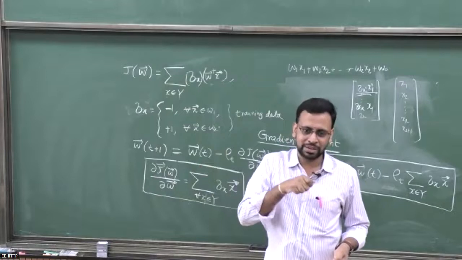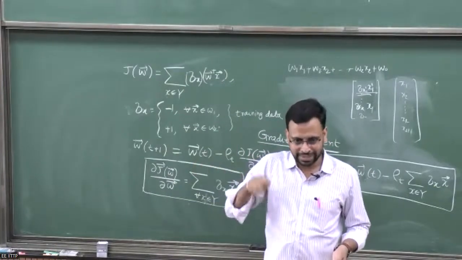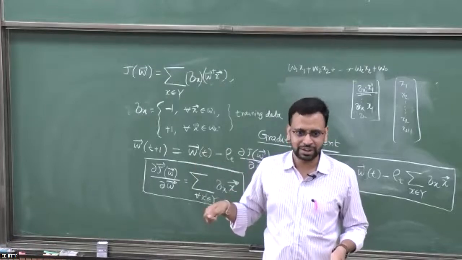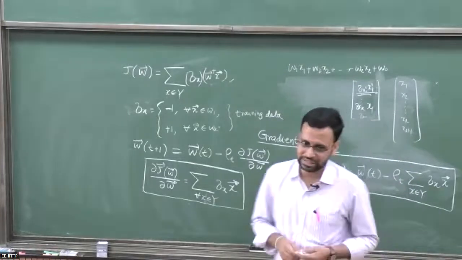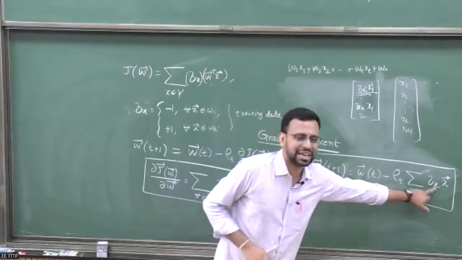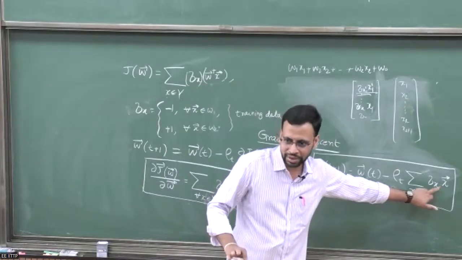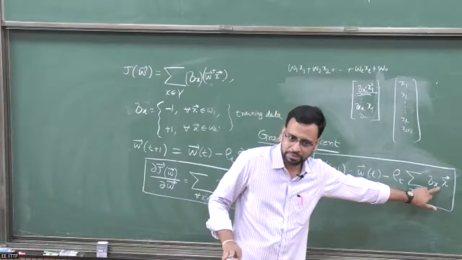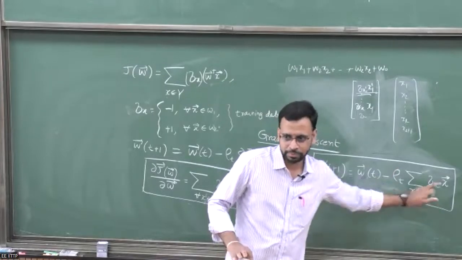Derivative equals 1 when x is greater than 0, minus 1 when x is less than 0. That's how I should write. Similarly, I should write this function also in the same way, so I should write two equations. Instead of that, that has been encoded here into delta x. That is the only difference, so it is no way different from taking an absolute value. Is that answering your question? Good.